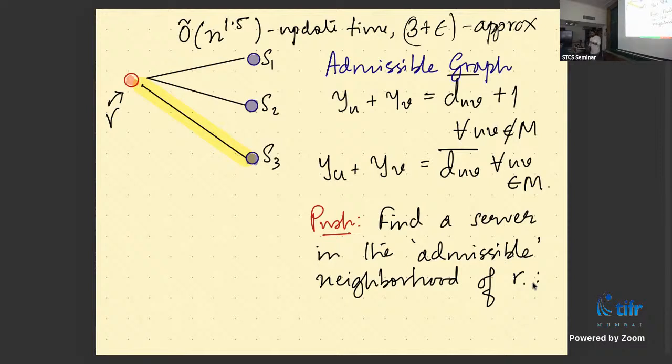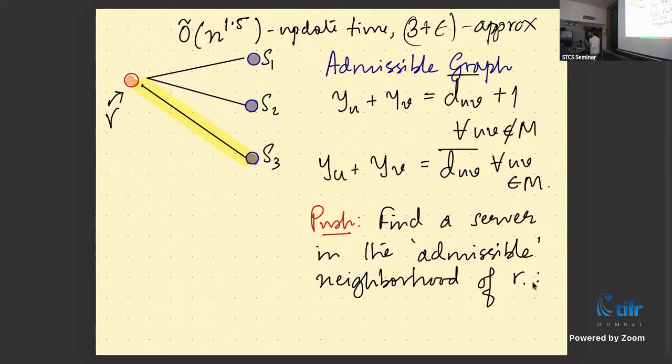One question. When a new request arrives, you have to assign a dual variable. That's correct. Right now I am assuming that even without such a thing, I somehow have these admissible edges. I will show you how to update it.